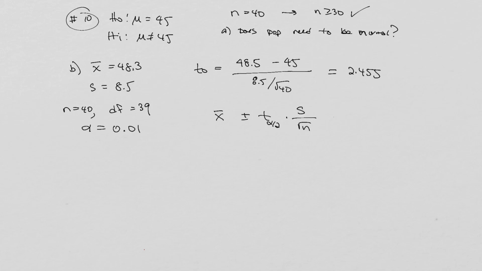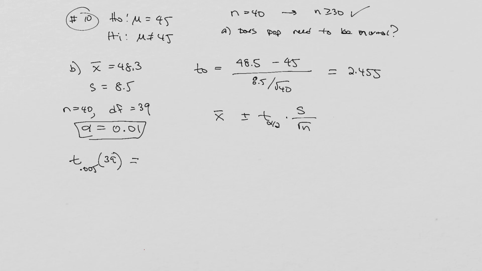If we look this up, alpha is 0.01, so this would be t of half of that, 0.005, and I have 39 degrees of freedom. Look that up along your charts as well.